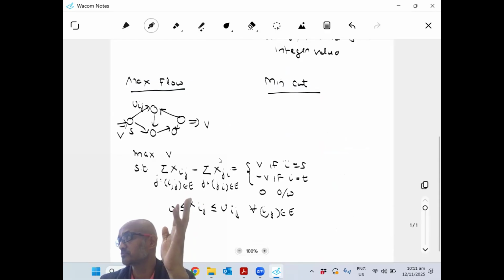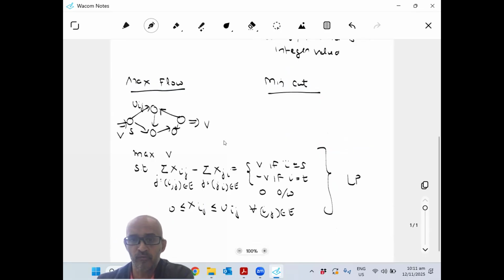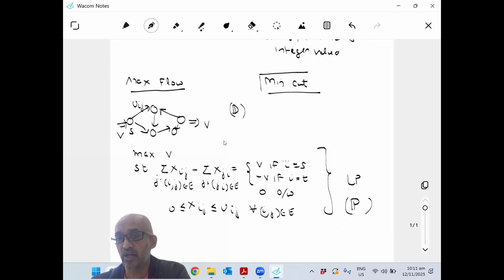That's fine. So this is an example, and this is an LP clearly. The dual of this problem was the following. So this is the primal. The dual formulation, which we are going to interpret as min cut, is the following.